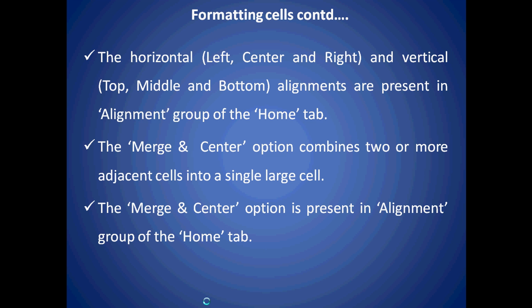Suppose you have a particular heading: we can merge multiple cells and convert them into one big cell using the merge and center option. The merge and center option is present in the Alignment group of the Home tab. You should keep this in mind.